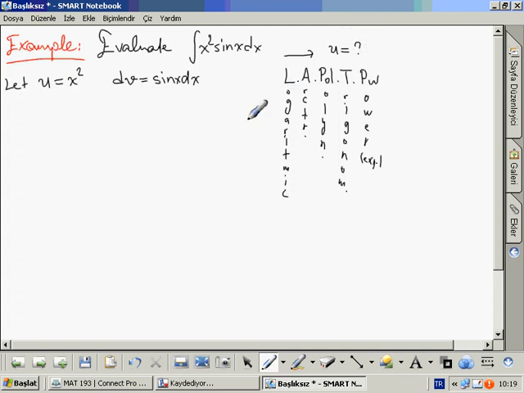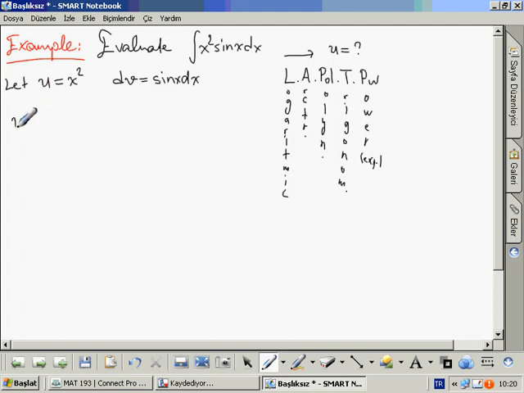If you see a logarithmic function, you can choose u as the logarithmic function first. For example, in this example, x squared is a polynomial function and sin x is a trigonometric function. Which comes first? Of course, the polynomial function comes first, so we choose u as x squared.